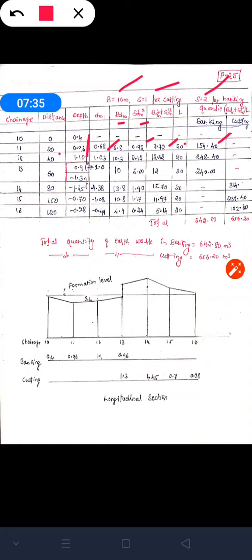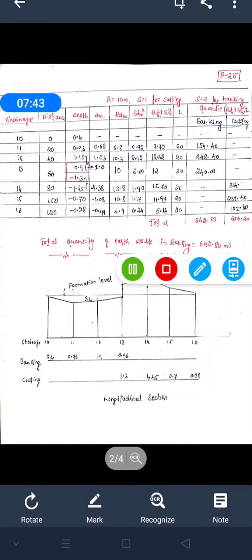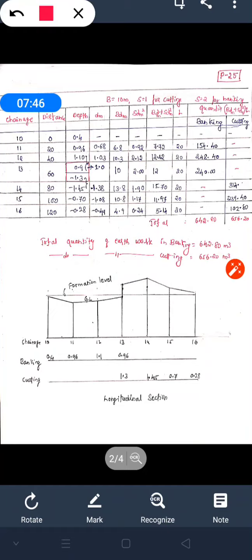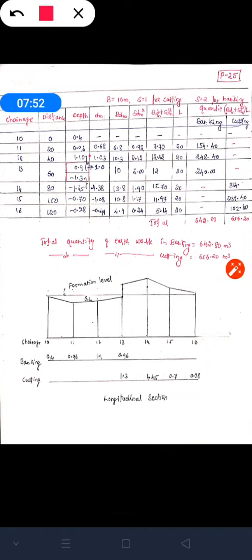Similarly chainage 40, I got the values like this. The depth is 1.1 here for chainage 40, and average of these two I got 1.03.